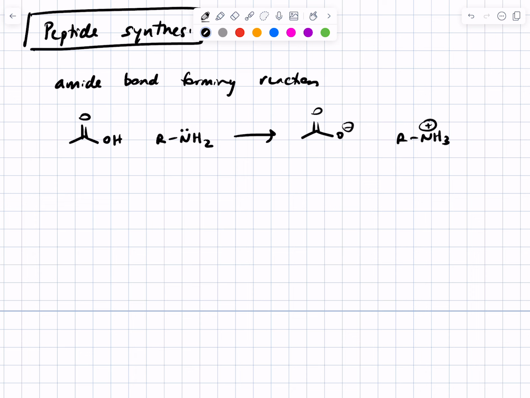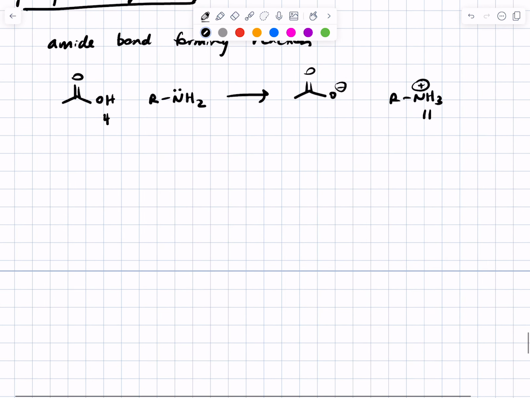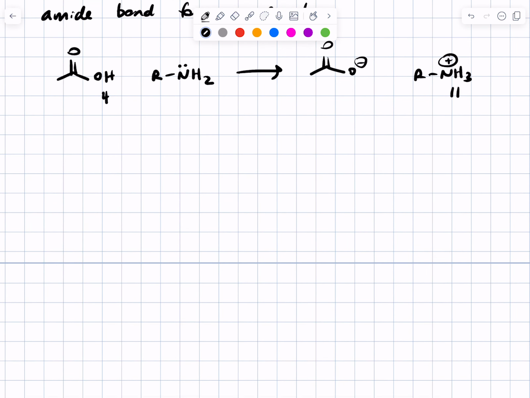That reaction's favorable, right? The pKa of the ammonium is around 11. The pKa of the acid is around 4, 4.5, maybe 5. And so obviously the acid-base chemistry here is really easy to do. But our goal is to make not the ammonium carboxylate salt, but to make the amide bond.